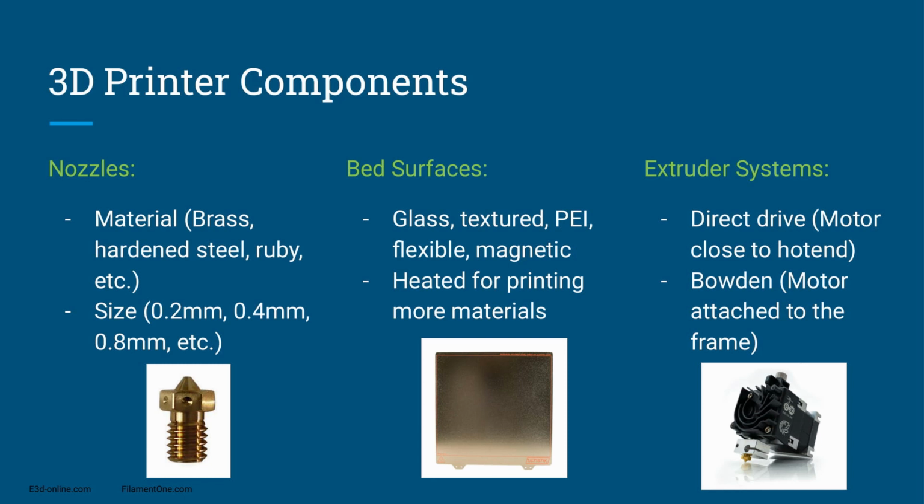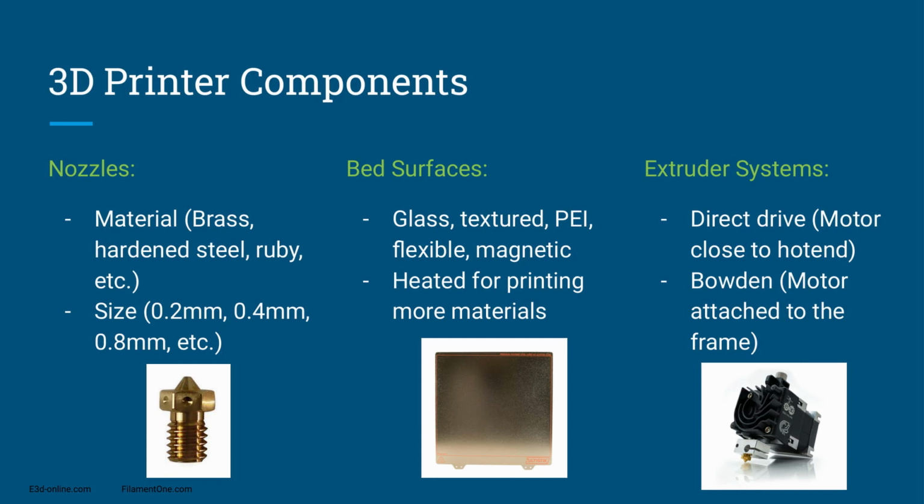Also, there are magnetic beds which stick to your printer with magnets, and you can pop it off with the magnets and then flex the bed maybe to pop the print off. Also now, most beds are heated as well for printing more materials. A lot of the materials need to have a heated bed in order to stick to the bed while it's printing.